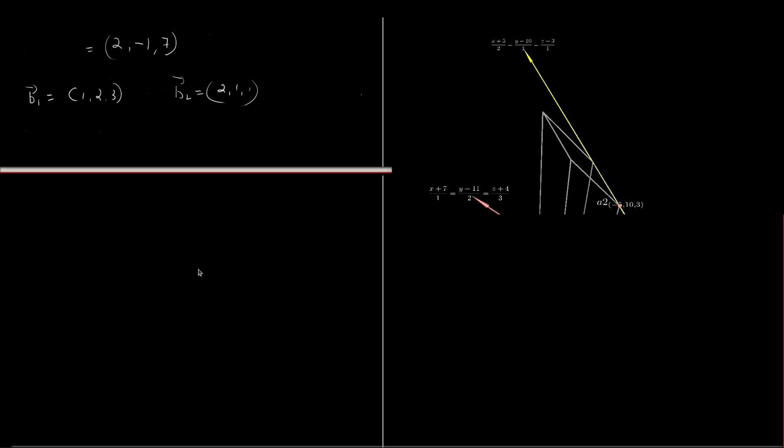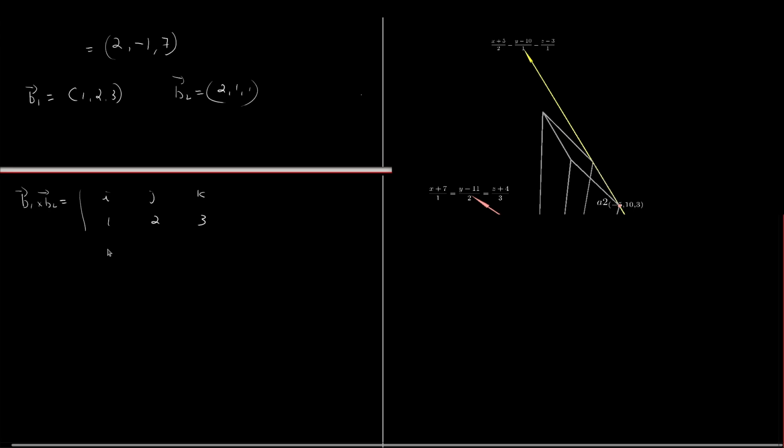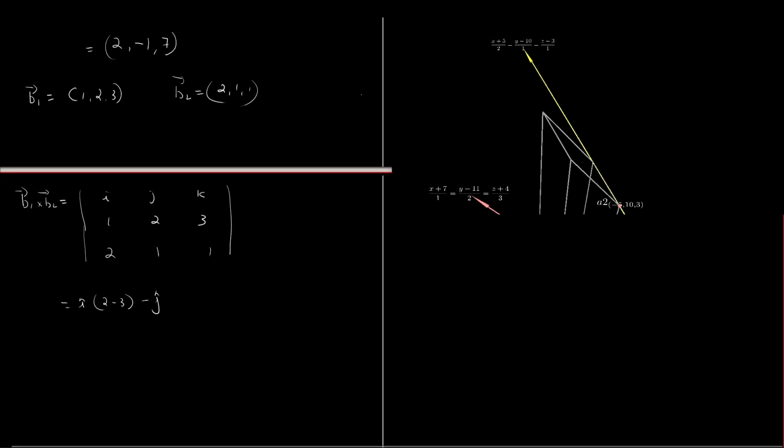So B1 cross B2 will be i cap into (2 minus 3), minus j cap (1 minus 6), plus k cap (1 minus 4).